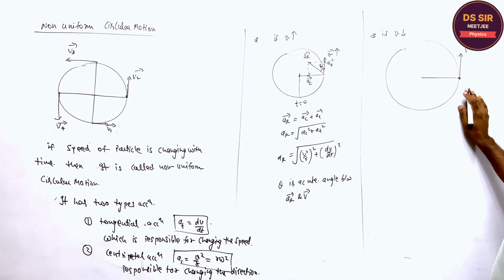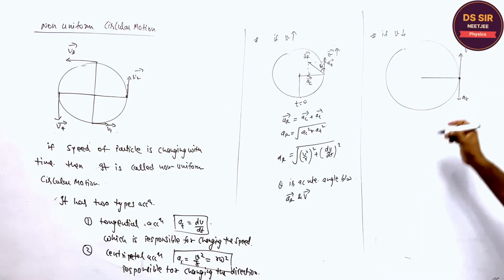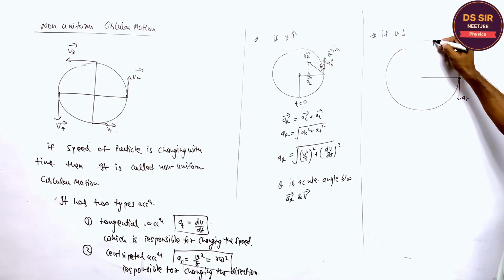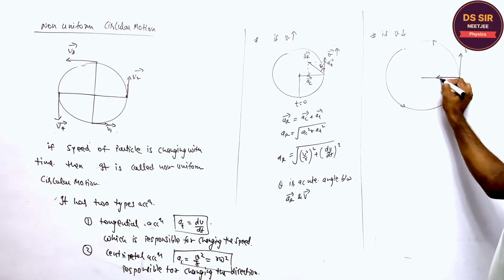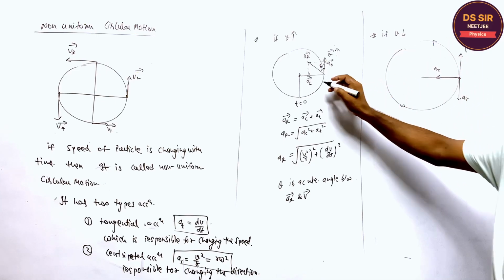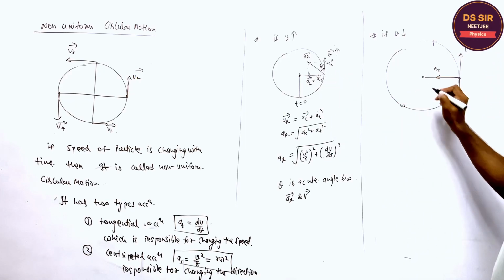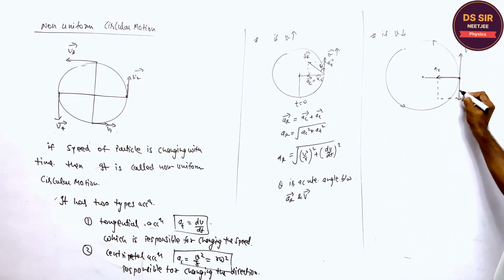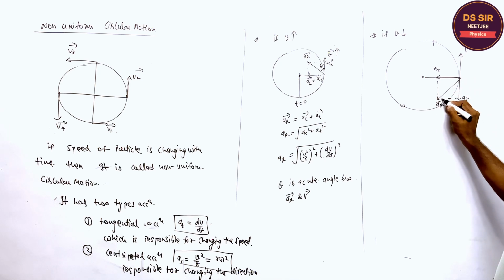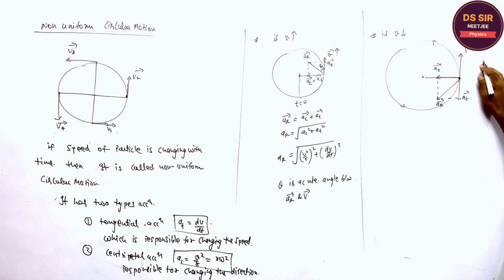So what will be the direction of the acceleration? The tangential acceleration will be opposite to that. But because of the circular motion it is performing, the radial or centripetal acceleration, whatever you call this, will be in the same direction. So this time it will be the resultant acceleration. Are you getting or not?